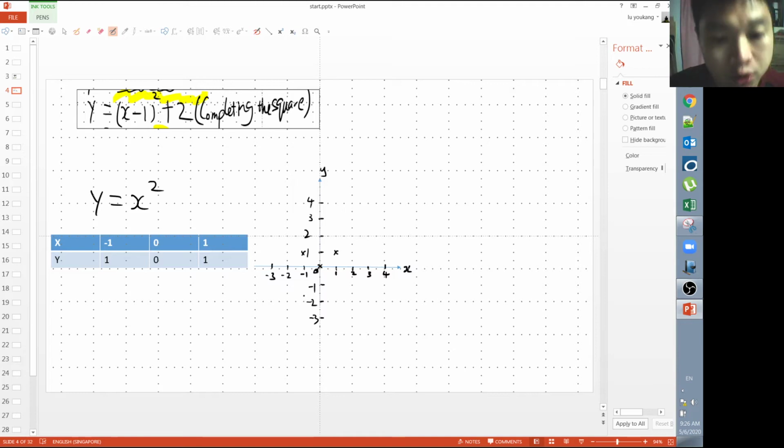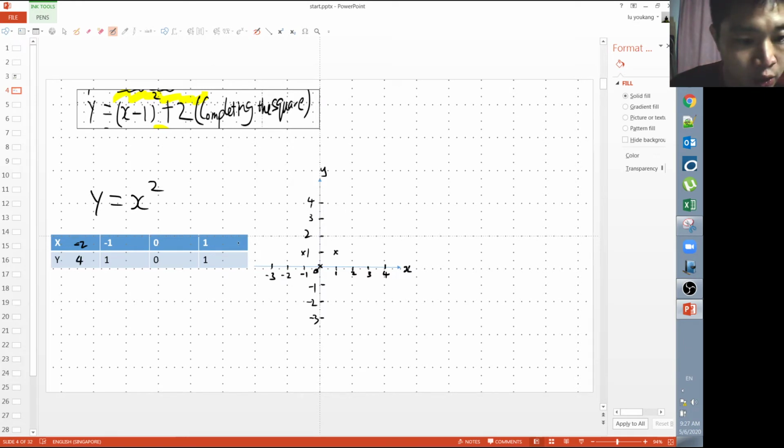With this you can start to sketch your graph. But it seems like I need more points, because I want to see how it looks beyond this point and this point. So let me give myself 2 more points. What if x is equal to -2? What do I have for y? -2 in brackets to the power of 2, you will get 4.